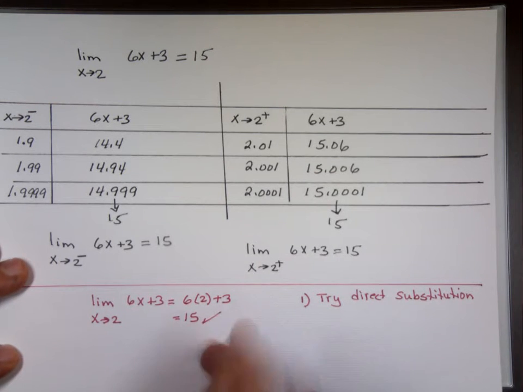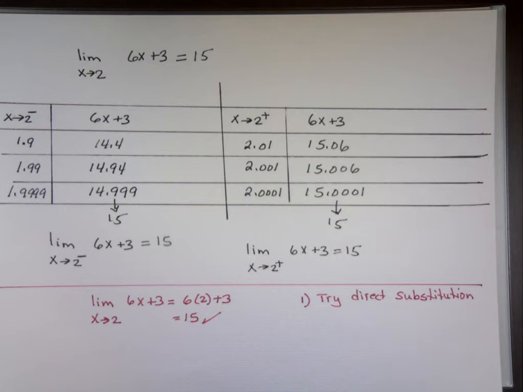Notice that's the answer. So which way would you rather do it? This way or that way? Yeah, but sometimes direct substitution doesn't work. But if it does work, if it gives you an answer, try that. So you're going to see me, I'm going to try direct substitution every single time. If I end up in trouble there, then I'll think of something else.